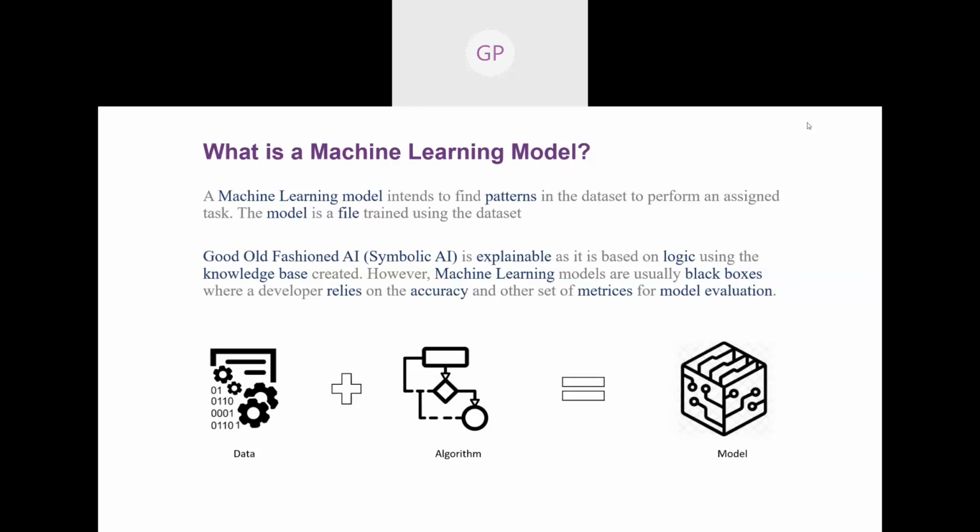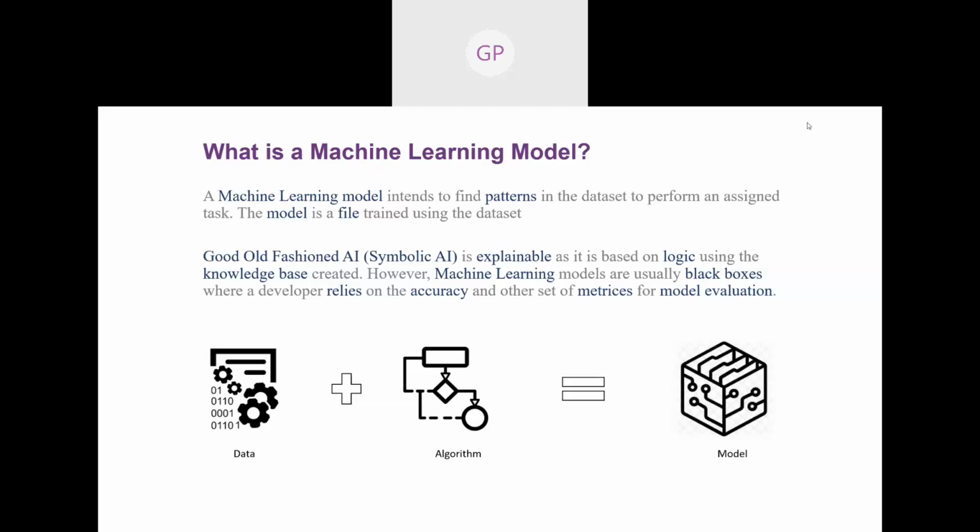Whatever it has learned is stored somewhere in that file, and they are black boxes which are hard to rely on. The only way we can rely on them is the metrics, which are accuracy, or other metrics such as precision, recall, F1 score, AUC or ROC curves. But in all, machine learning models and deep learning models are black boxes.